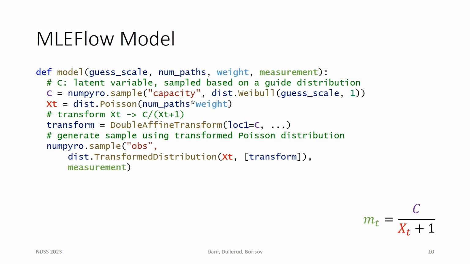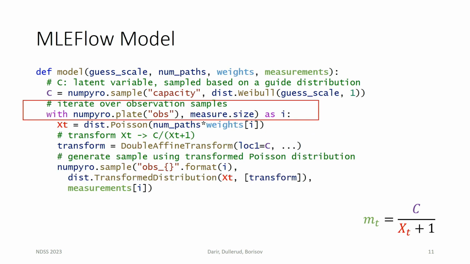And then this last line says this sample corresponds to the measurement that is passed in as an argument for this model. And then with a few extra lines of code, we can now say, okay, given this measurement and all other parameters, the weights, the number of passes, and so forth, infer what the value of c is. The important part is that it's very straightforward to go from this model, which captures a single observation, to iterating over a large number of observations.